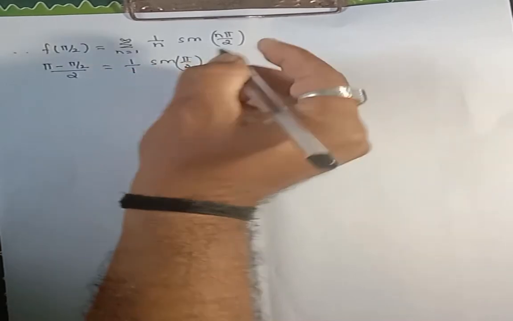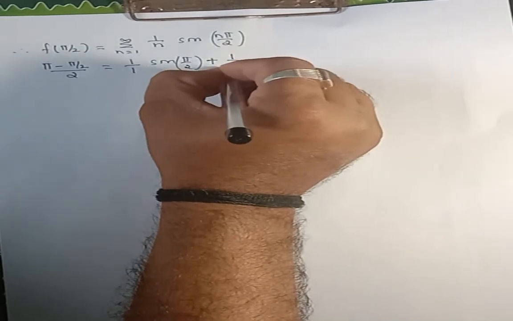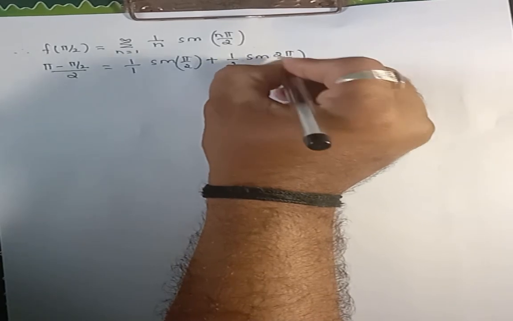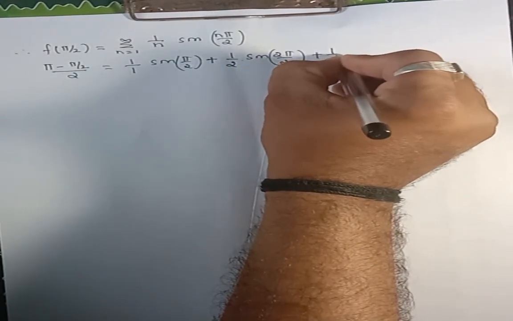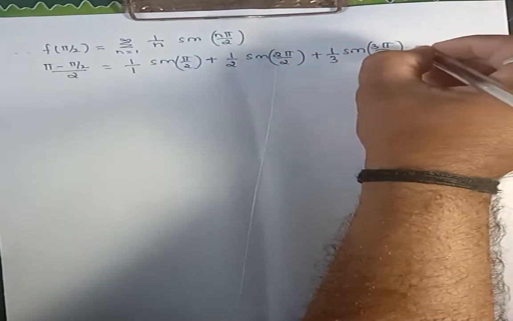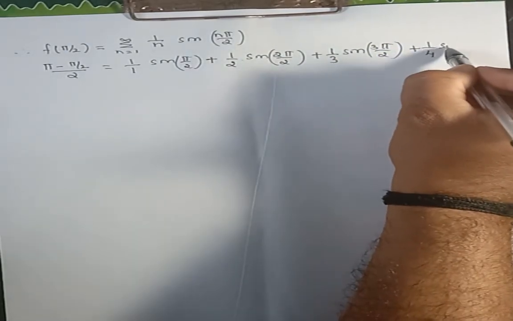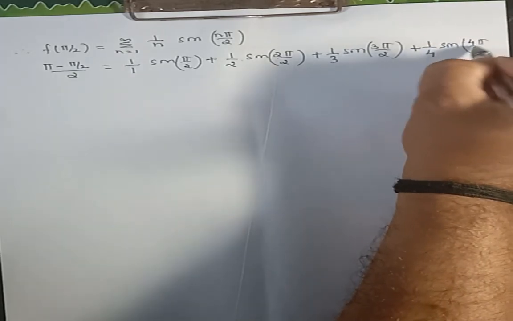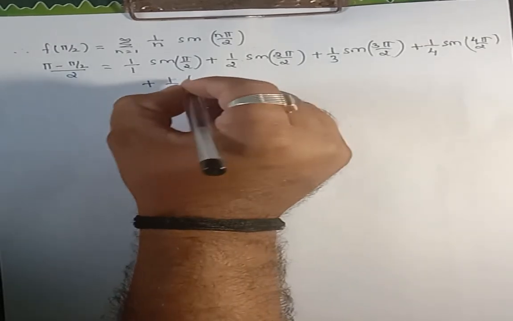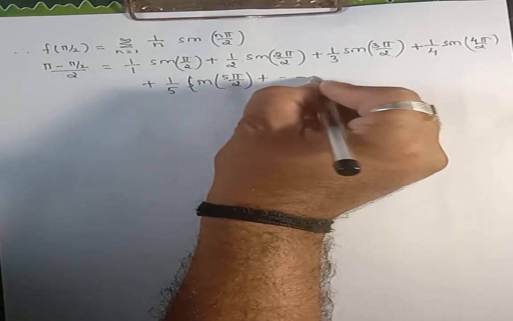Then plus, for n is equal to 2, 1 by 2 sine 2 pi divided by 2, then 1 divided by 3 sine 3 pi by 2, plus 1 divided by 4 sine 4 pi divided by 2, plus 1 divided by 5 sine 5 pi divided by 2, and it will continue further.